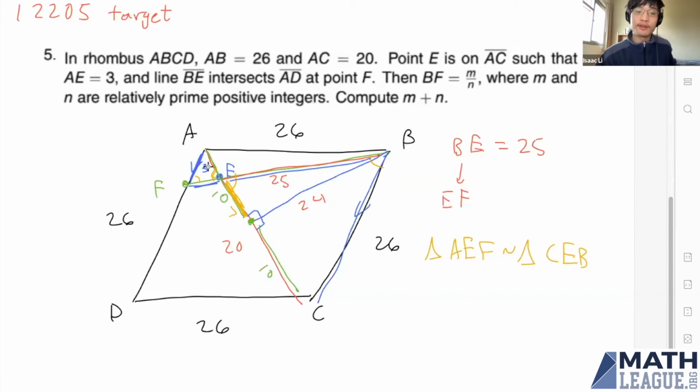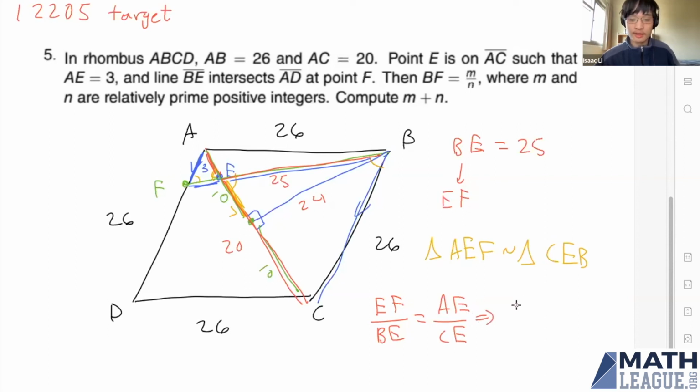And then we want to find two other side lengths that we know to get the ratio. We don't quite have AF, but we do have AE, which is 3, and we have CE, which is 7 plus 10 equals 17. So our ratios are EF, what we want to find, over BE is equal to AE over CE.